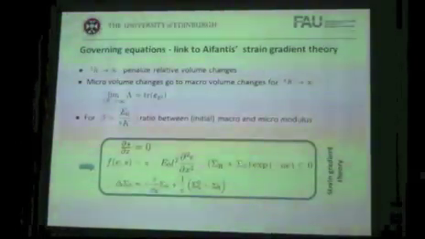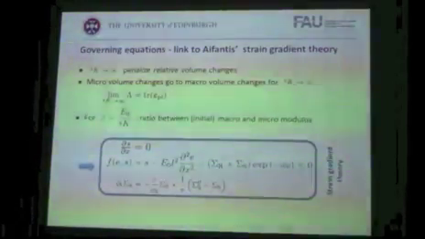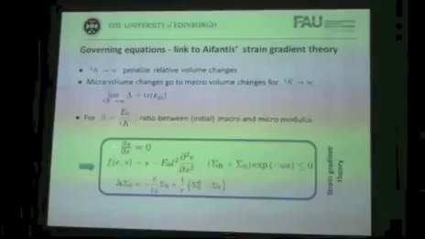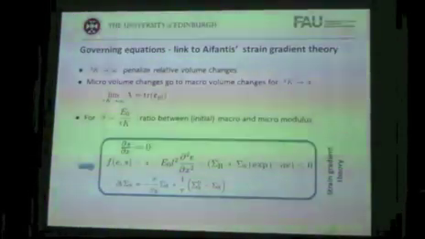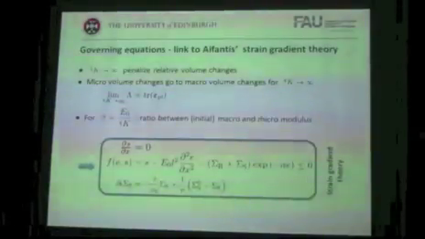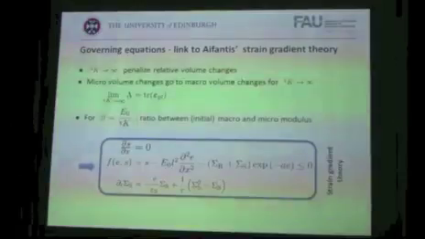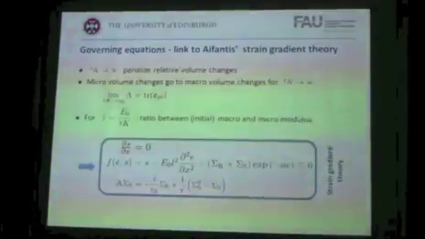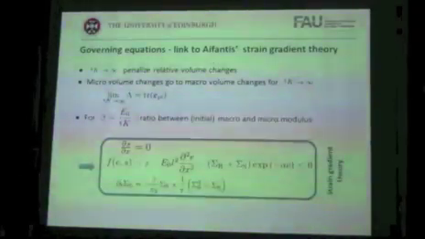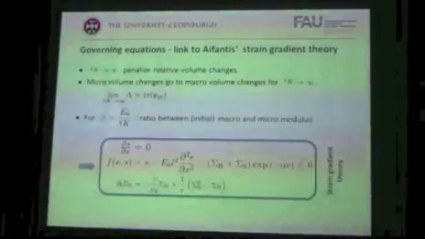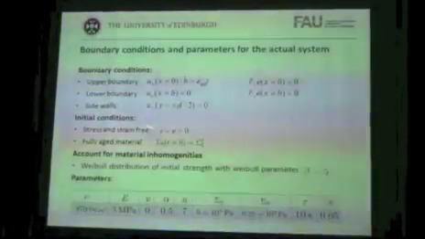So in the limit case, the micro volumetric change equals the macro volumetric change. Then when we take, for example, for beta, this relationship, so the ratio between the initial macro and the initial micro modulus, into account, we get to these equations. So this is basically a strain gradient theory. And this equation we then solved in a self-consistent scheme with the boundary conditions.